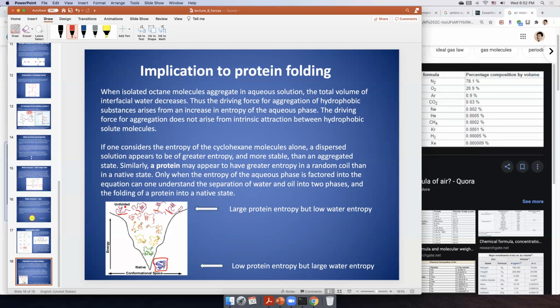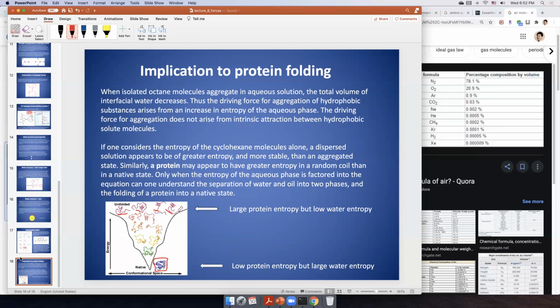For example, the van der Waals force, the electrostatic force, hydrogen bonds, and salt bridges are forming and breaking, and then forming again and breaking again. And finally, nature will find the lowest energy state. In this state, you have the lowest energy generated by all the forces. So that's the forces in protein folding.